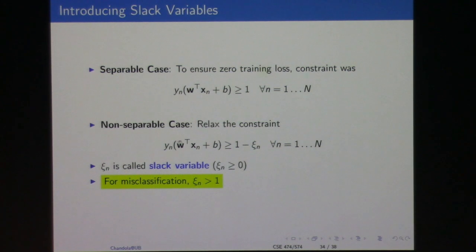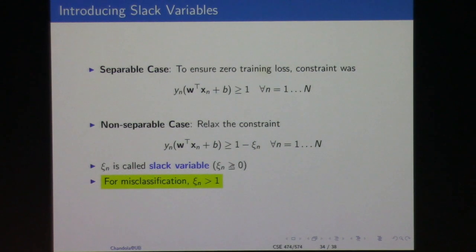Which means that every data point has the flexibility of being on the wrong side of the margin, and the amount by which it is on the wrong side is given by psi, right? And the constraint on psi is that it needs to be positive, because if it is on the right side of the margin, we don't care, right? Then there is no business of psi. You are on the right side, stay there. But if you're on the wrong side, then we want to know what psi is.